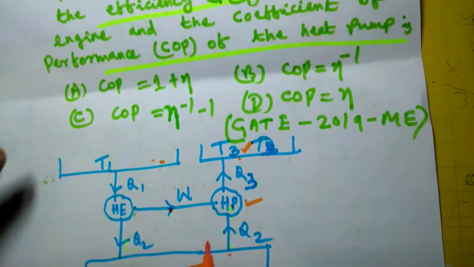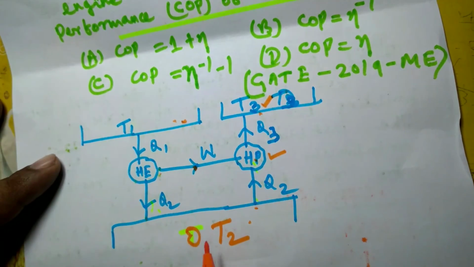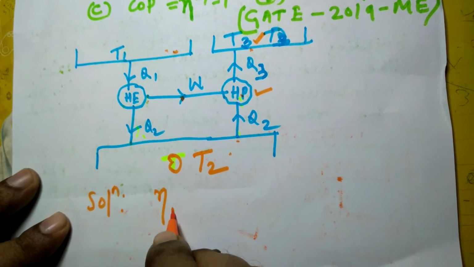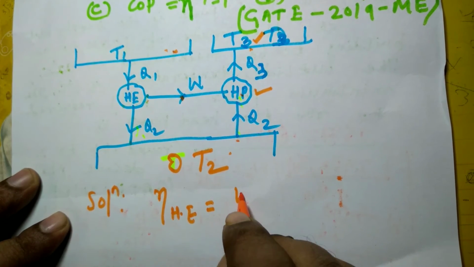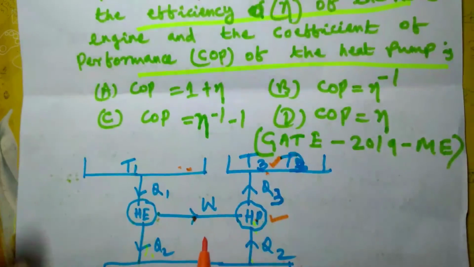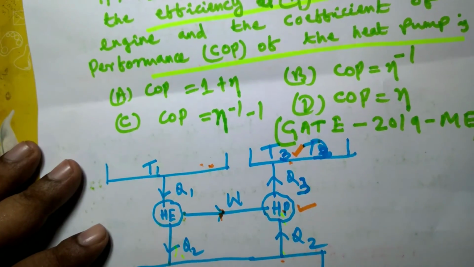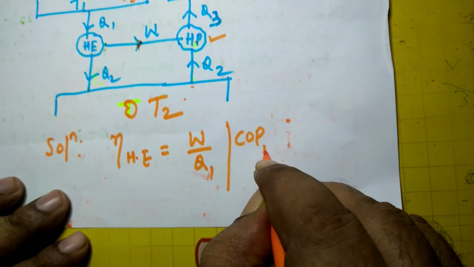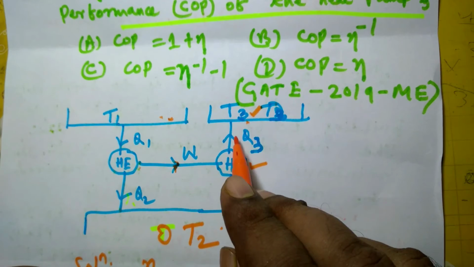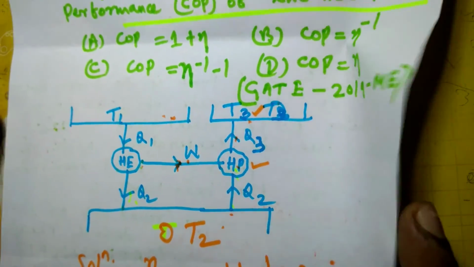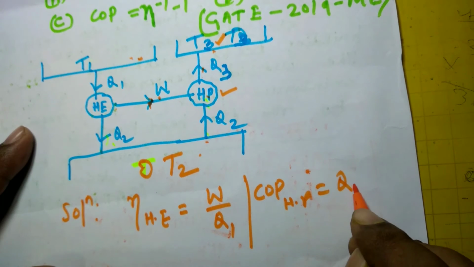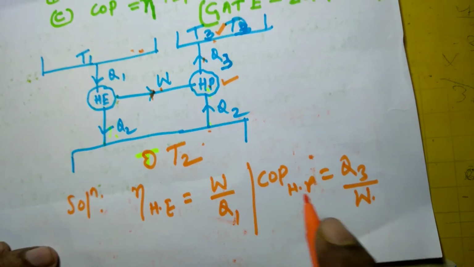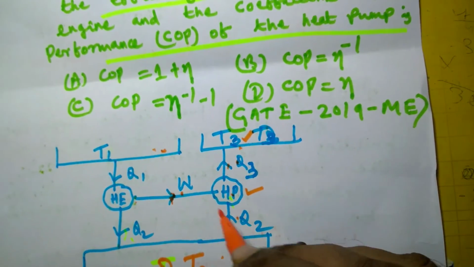You see, the efficiency of the heat engine is work output divided by Q1, W divided by Q1, and COP of heat pump is Q3 divided by W, Q3 by W. You see, Q3 is nothing but Q2 plus W.